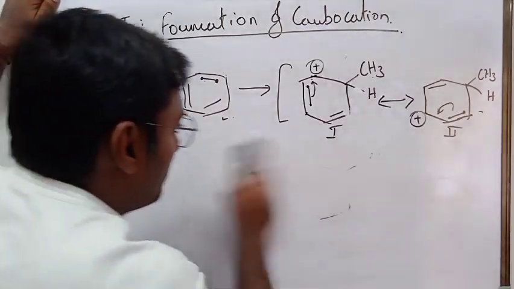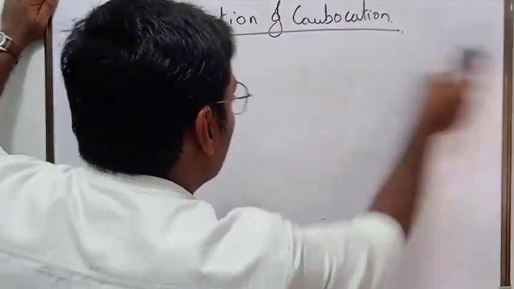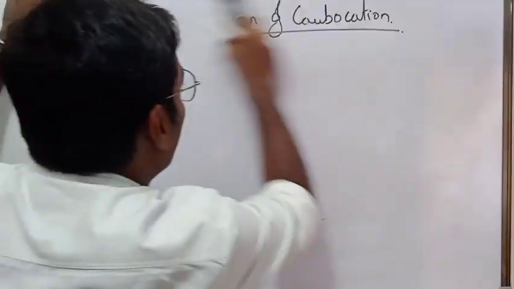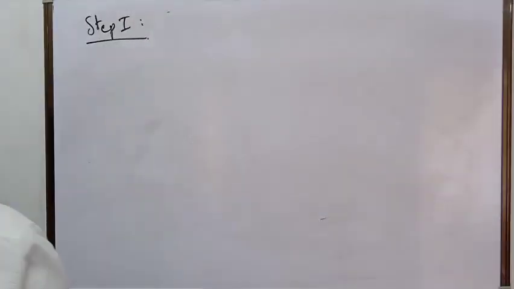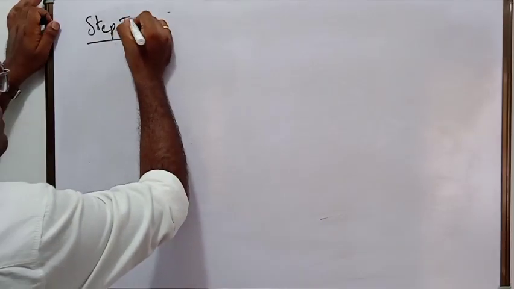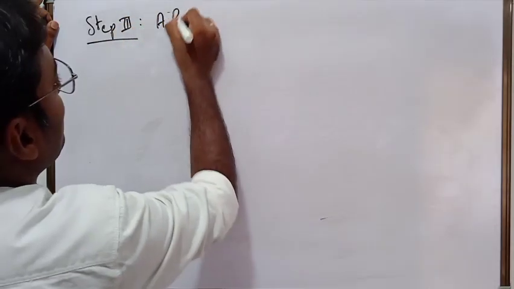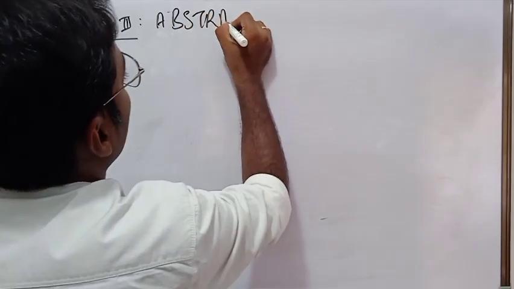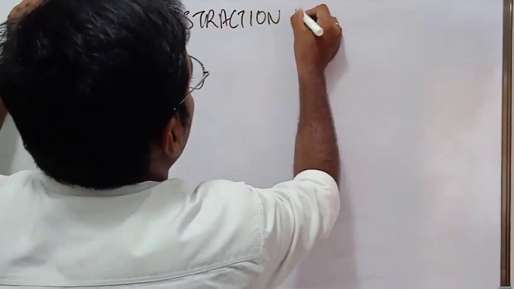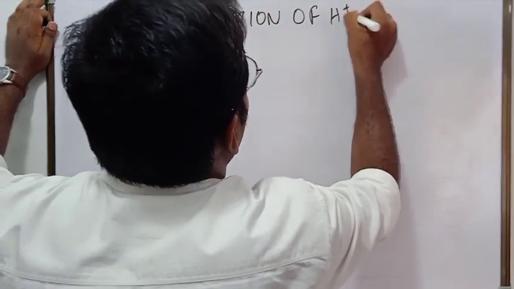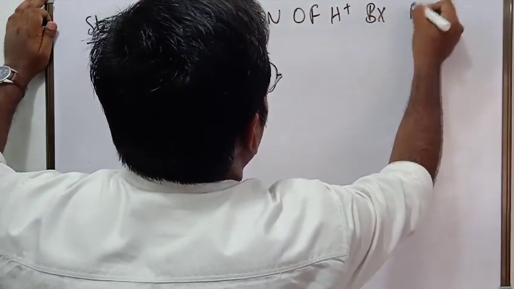As you know, an unstable state won't remain as such for long. Step 3 is abstraction of proton, H plus, by base.